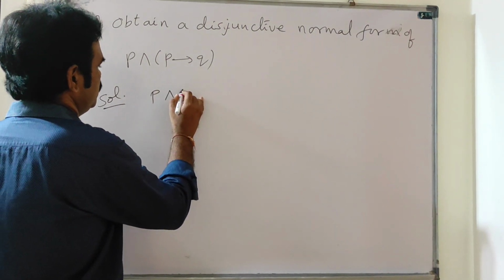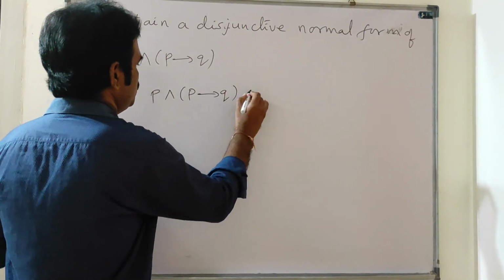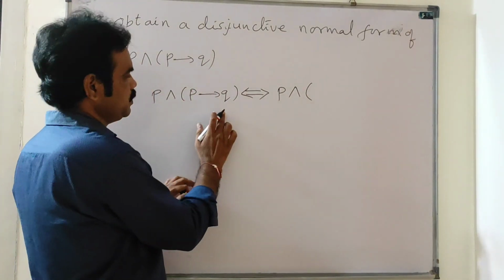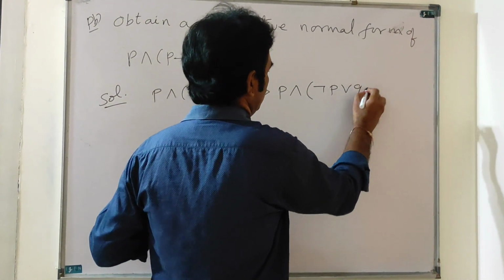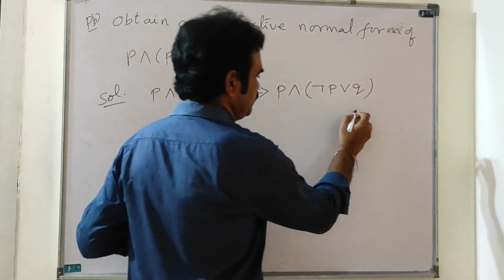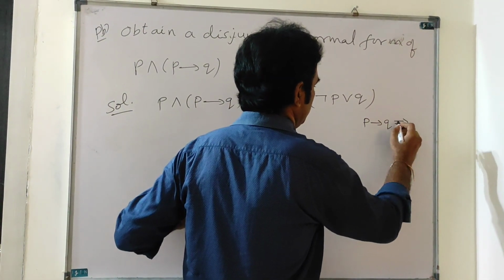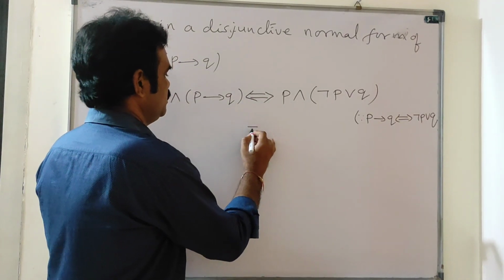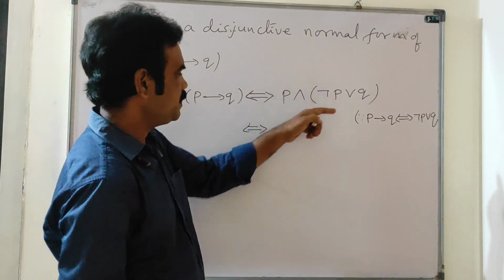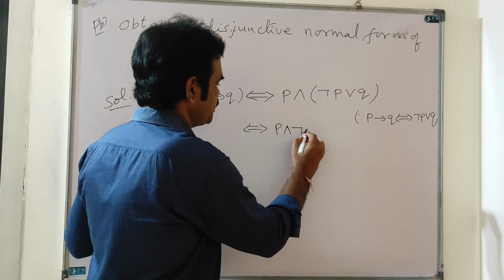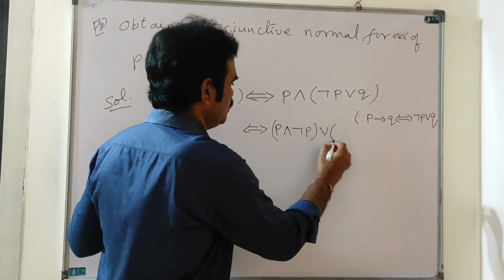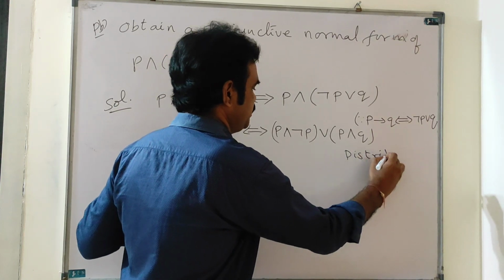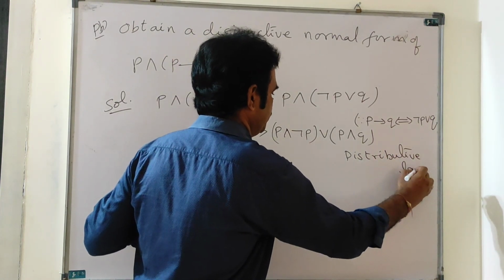P and P implies Q is logically equivalent to P and, you know that P implies Q is equivalent to negation P or Q. Okay, since P implies Q is equivalent to negation P or Q. That is equivalent to, now by distributive property, this can be written as P and negation P, or P and Q, by distributive law.